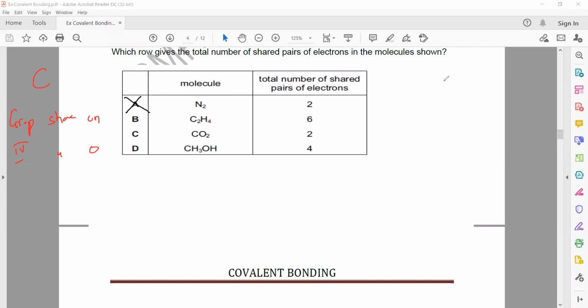And for hydrogen, it will share 1 and the unshared will be 0. So when we draw the structure of C2H4, the atom which shares the maximum number should be in the center. So 2 carbon atoms in the center and hydrogen will be around them.